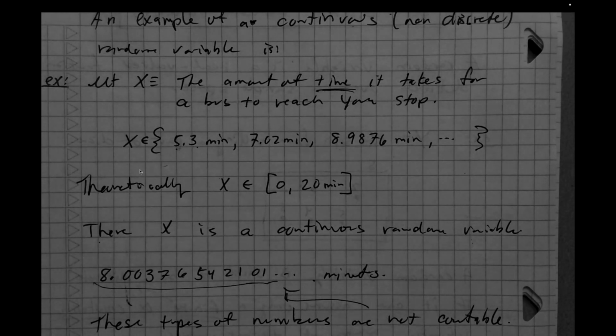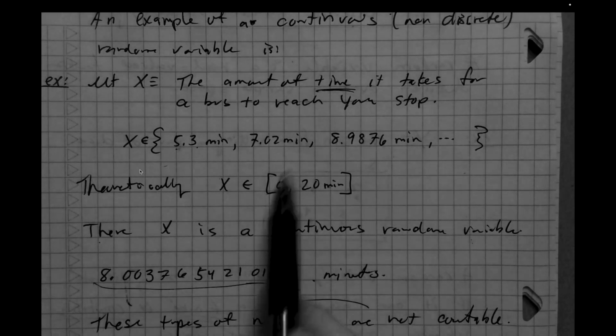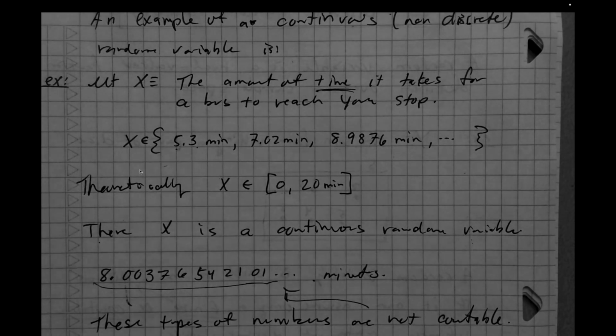Really, if you want to understand that, you have to go and take a class called analysis. Beautiful class, highly recommended. But all we need to know is that in this case, the random variable time is not a discrete value. It exists on a continuum inside of an interval like this. The real numbers, specifically between 0 and 20 minutes, are a continuum. They're not discrete. Okay, very good.